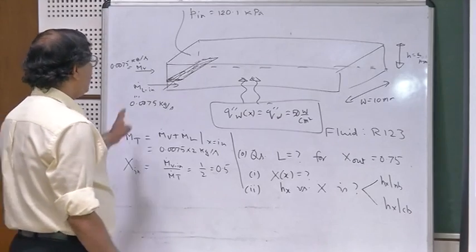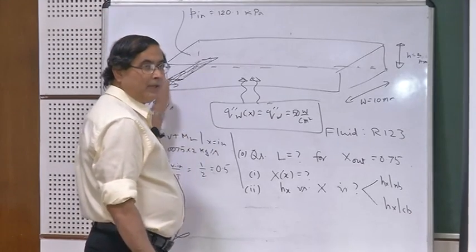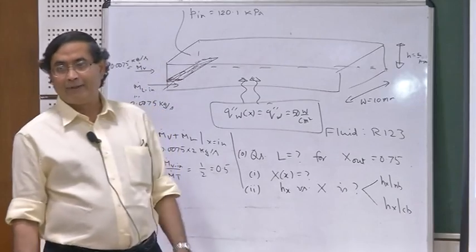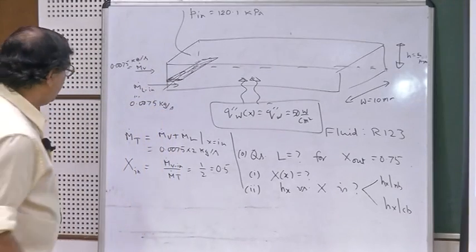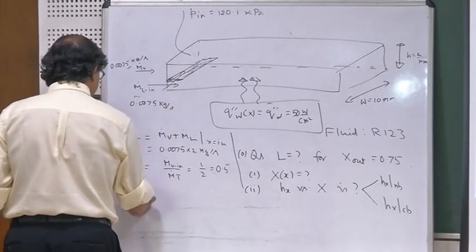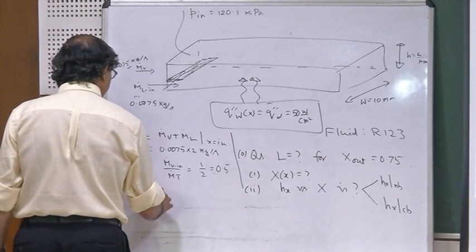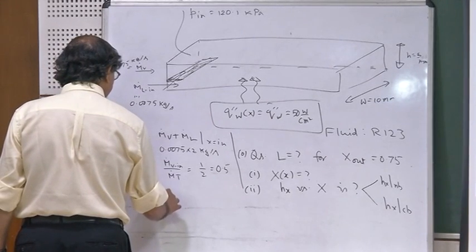This we don't know whether it's going to be annular. What is X critical for annular to non-annular? We don't know.